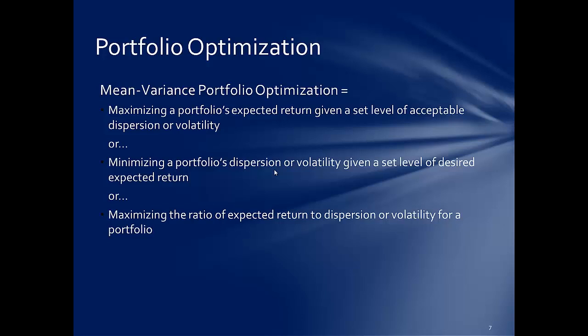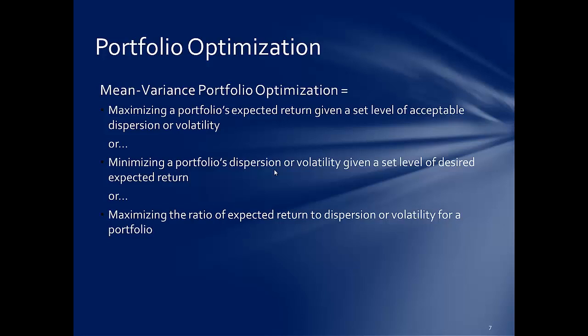The second possible definition is to minimize a portfolio's dispersion or volatility given a set level of desired expected return. So in this instance, you lock in the expected return that you're aiming for, and then you try to achieve the lowest standard deviation associated with that expected return.